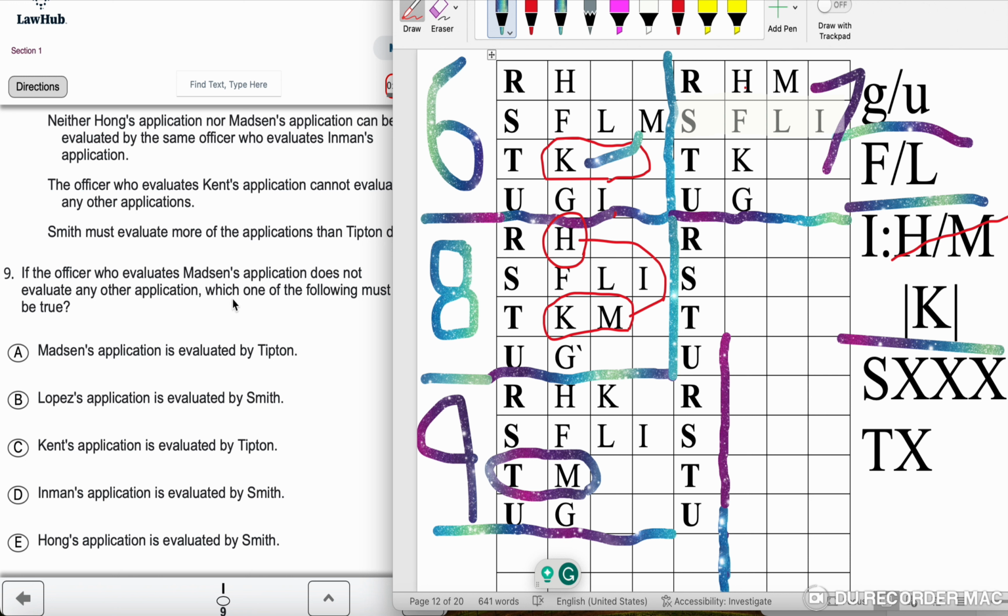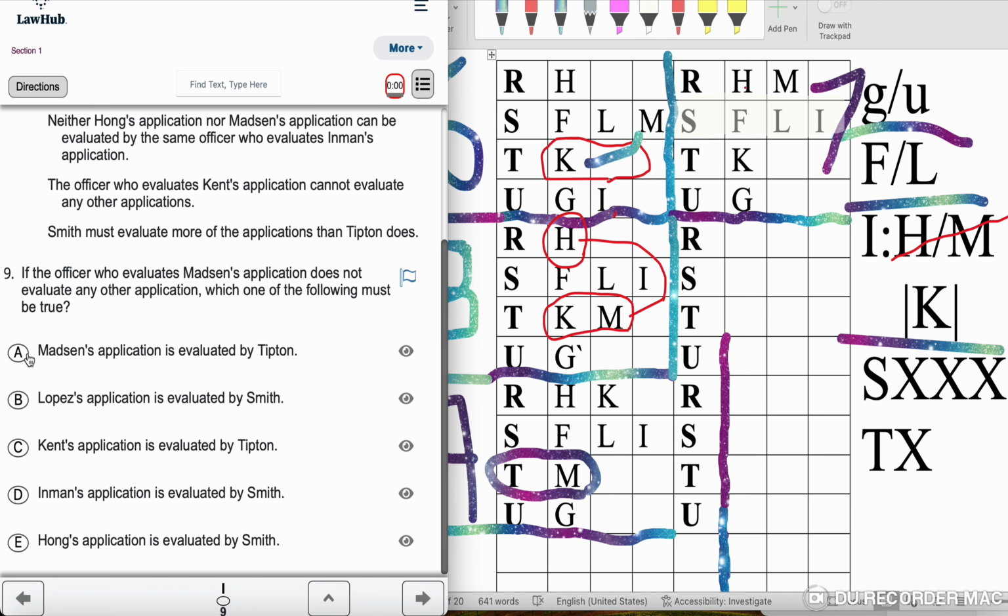If the officer who evaluates M does not evaluate any other, which of the following must be true? M application is evaluated by T. That is true. Lopez application evaluated by Smith. That is also true. So actually it's by T. That's not true. I is evaluated by Smith. That's true. H is evaluated by Smith. Not true.